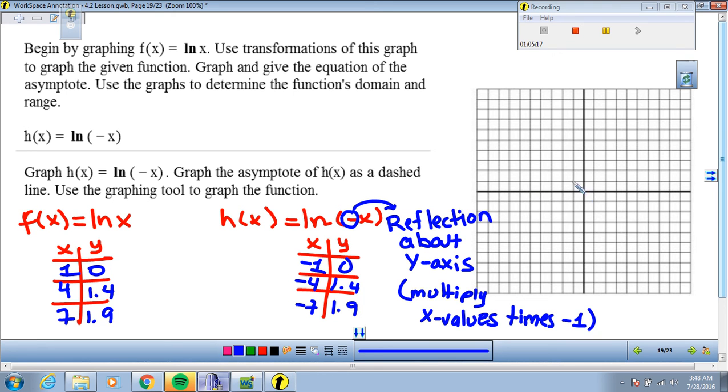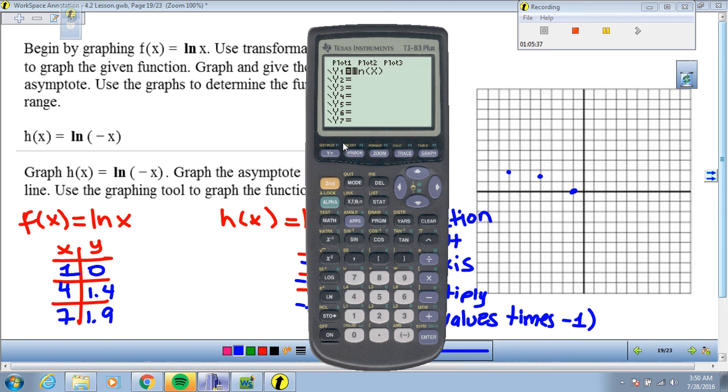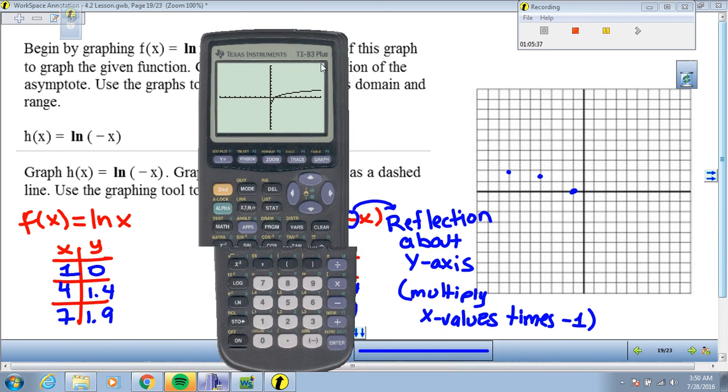So -1, 0, -4, 1.4, -7, 1.9. Okay, let's see if we are right. Okay, this was the graph of the original.